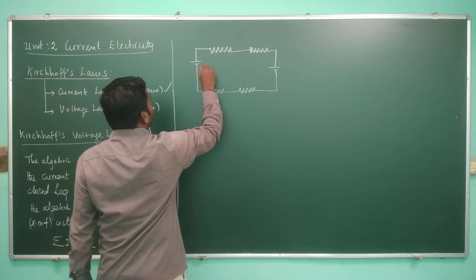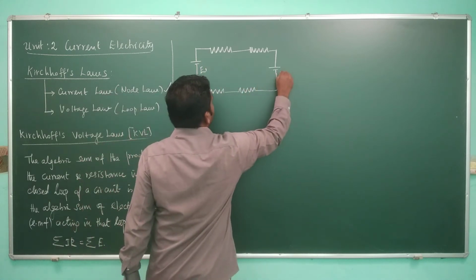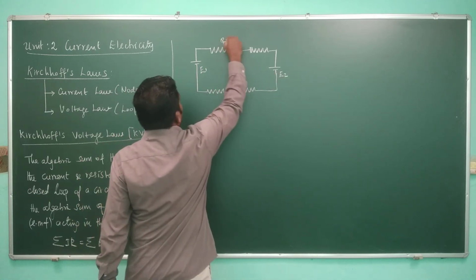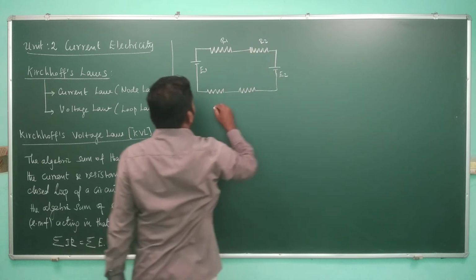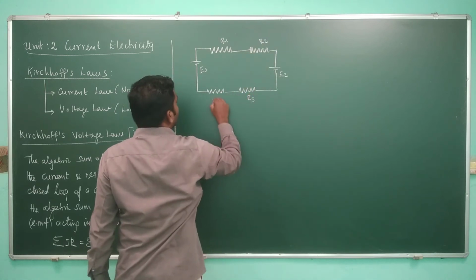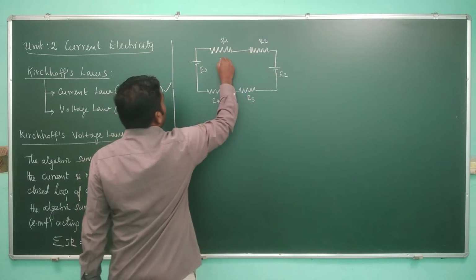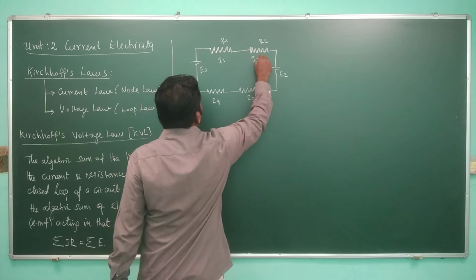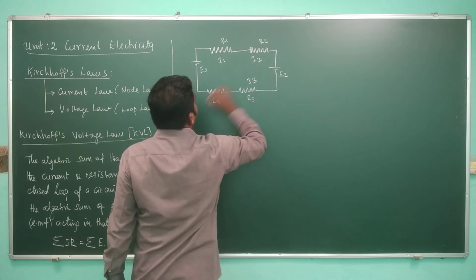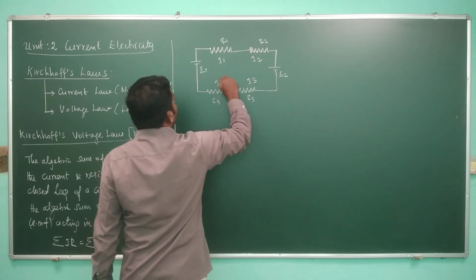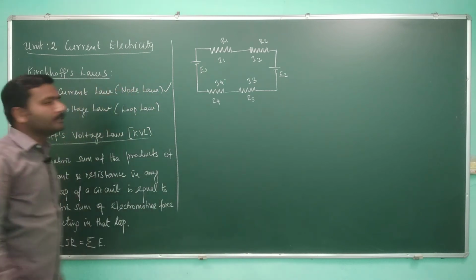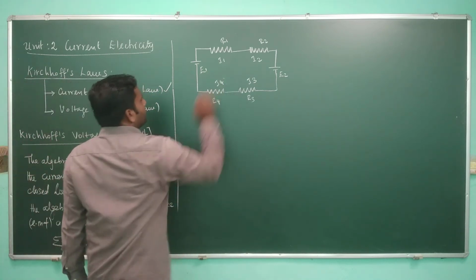Say this is E1 and this is E2, this is R1 and this is R2, R3, R4 are the resistances, and the currents flowing through them are denoted by I1, I2, I3 and I4 respectively. Consider this circuit.